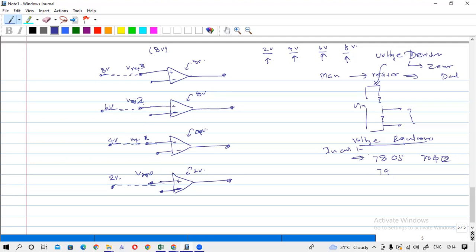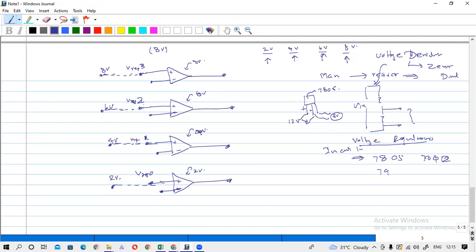Okay, so if you are given a voltage, the regulator IC is like this. If it is 7805, you can give the 12 volt to the input. This will be the minus and plus maybe. You can give it 12 volt and you can get a regulated 5 volt output.